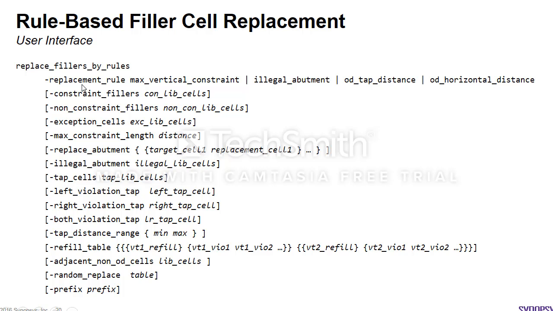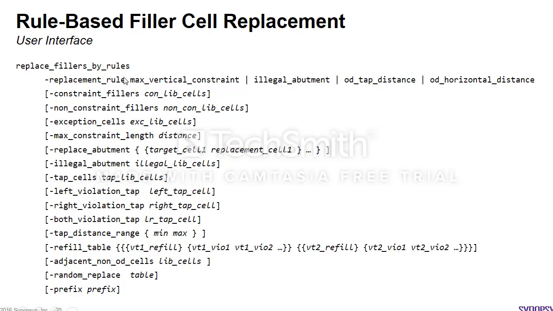We have a replacement rule with 4 parts of the definition. One is maximum vertical constraint, the second one is illegal abutment, and then we have OD taper distance and OD horizontal distance.